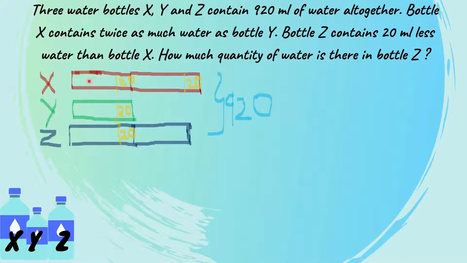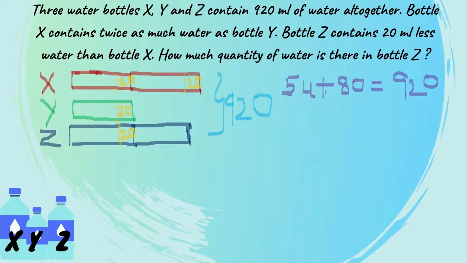How many units are there? 1, 2, 3, 4, 5. So 5 units are there, and what are the extras? There are 20, 40, 60 and 80. So 5 units and 80 will be equal to 920.